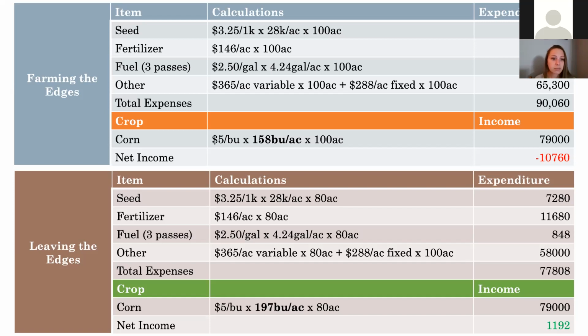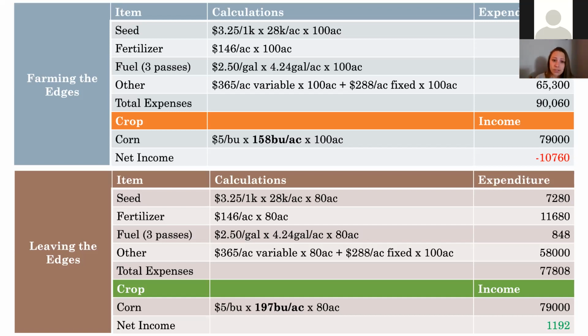And so just by taking out those variable costs, not putting seed on those acres, the fertilizer, not making those tractor passes, takes us from the red into the green. Again, it's not taking us very far into the green, but it's better than being 10,000 in the red.